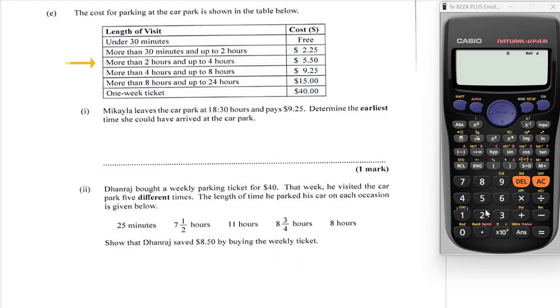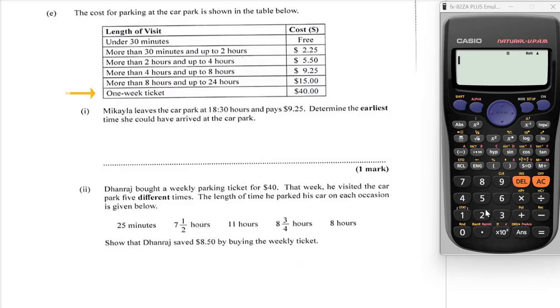More than 2 hours and up to 4 hours is $5.50. More than 4 hours and up to 8 hours is $9.25. More than 8 hours and up to 24 hours is $15. And 1 week ticket is $40.